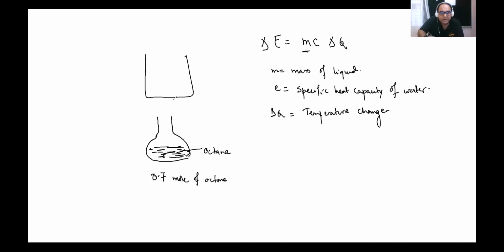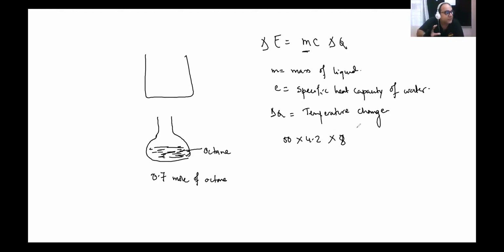So here again, we took 50 cm cube of water. So it's 50, 4.2, and the temperature change was 8. It could be 8 Kelvin or degree centigrade, not a matter of concern because we are taking the change.